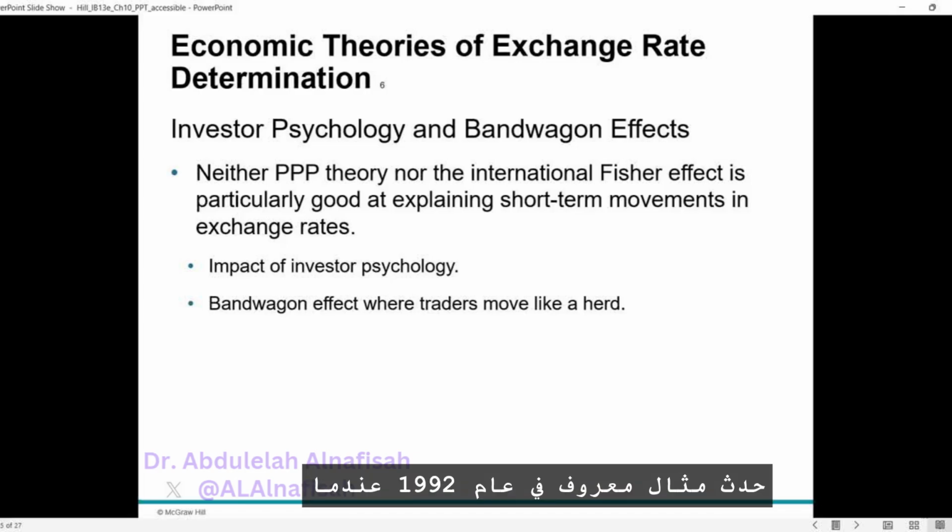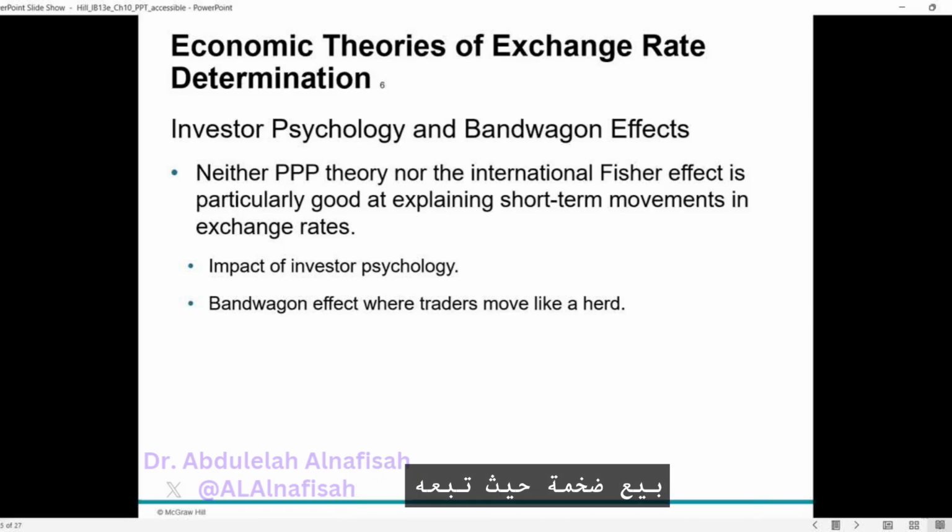A well-known example occurred in 1992, when financier George Soros shorted the British pound, sparking a massive sell-off as other traders followed his lead. This bandwagon effect caused a sharp depreciation of the pound without major changes in economic fundamentals.